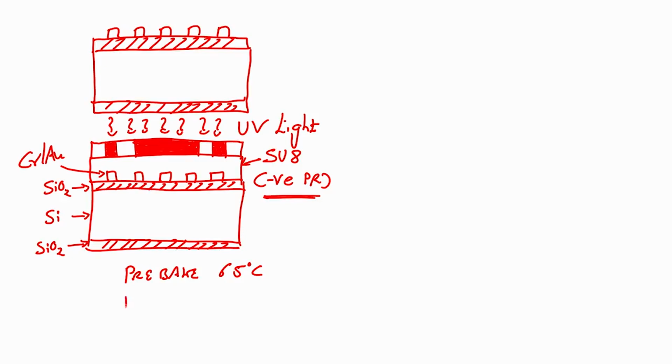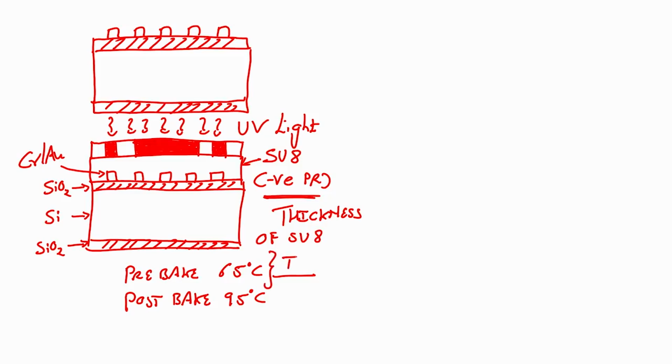Now we have to post bake it. This is a little bit different than our other photoresist, at 95 degree centigrade, right. Again the time is given depending on the thickness of the SU8 photoresist. The pre-baking time will be different, the time for post baking would be different.